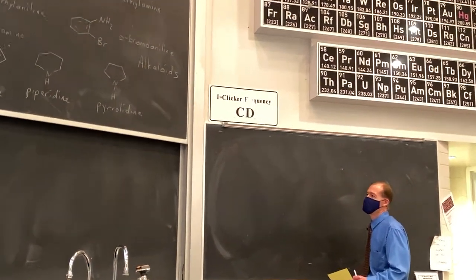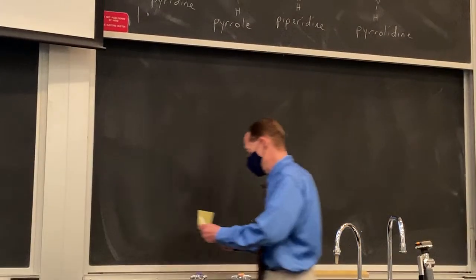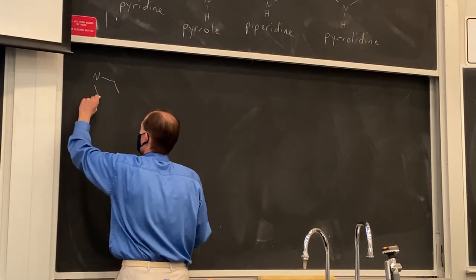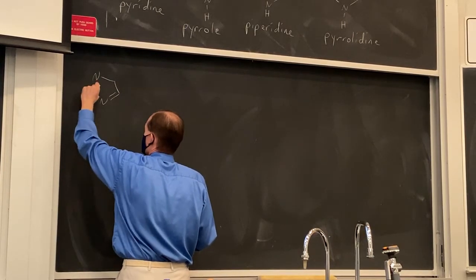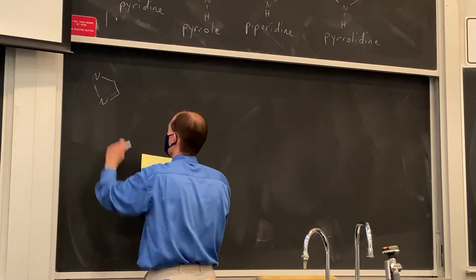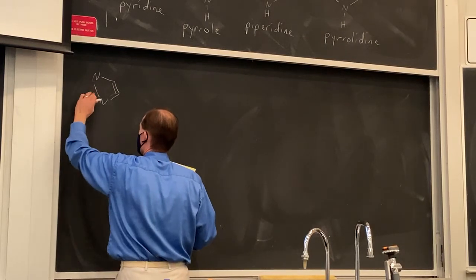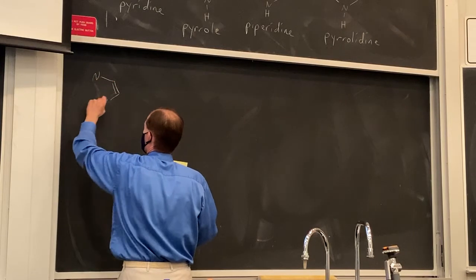There's one that we learned about earlier in the class, histamine. Histamine is an aromatic heterocycle. So let me see if I can get this structure right here. Okay, so I need a double bond there. And then I'm missing a carbon. Yep, they're supposed to be 1, 2, 3, 4, 5.